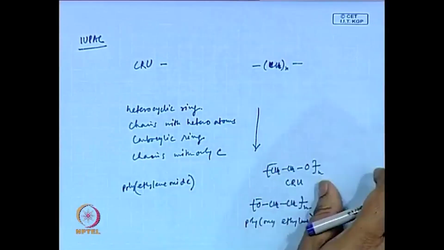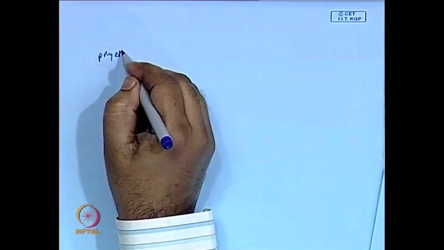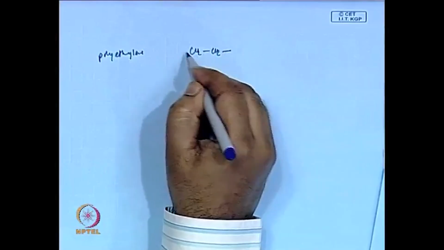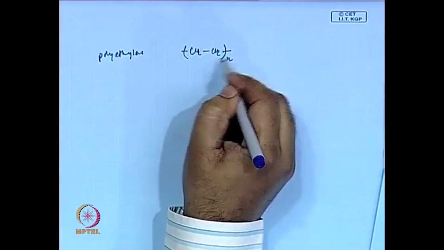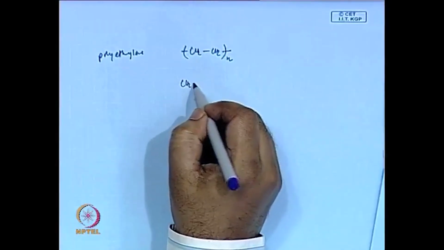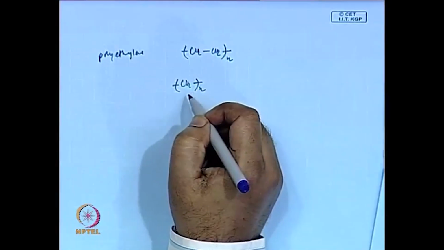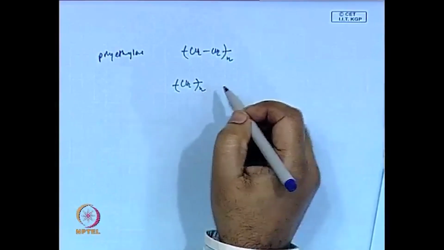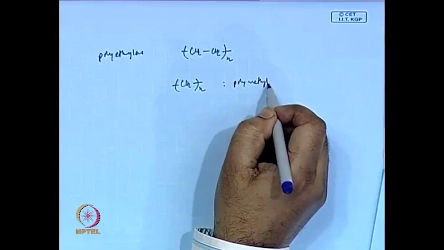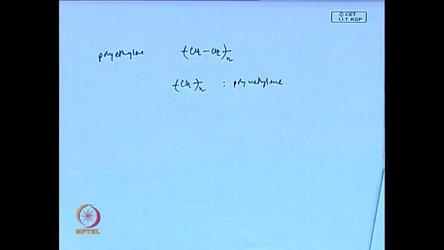So, though we name polyethylene because we know that this polymer has been made from ethylene molecule, because the constitutional repeat unit is this, according to IUPAC you have to say this as polymethylene. Okay.